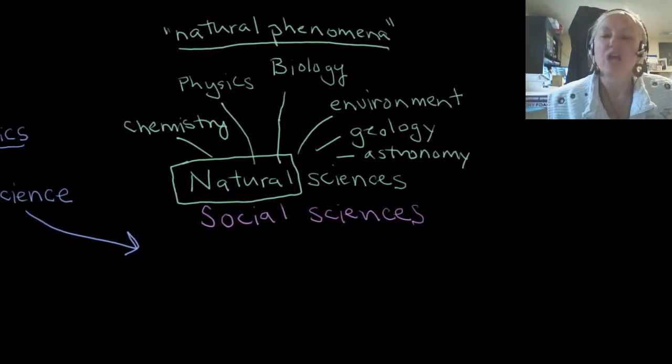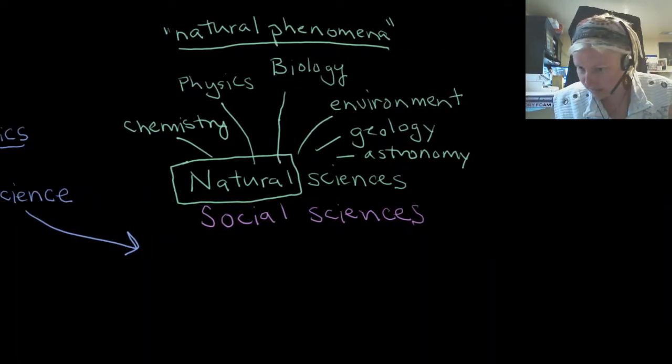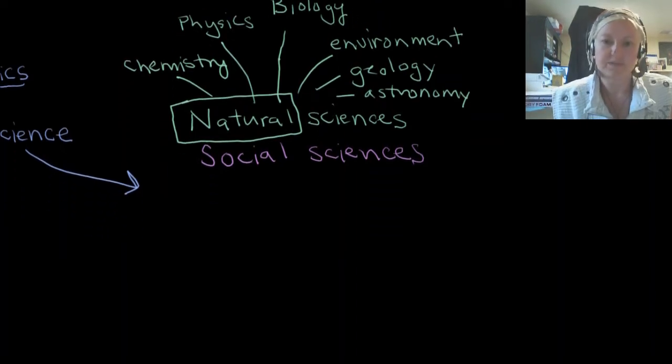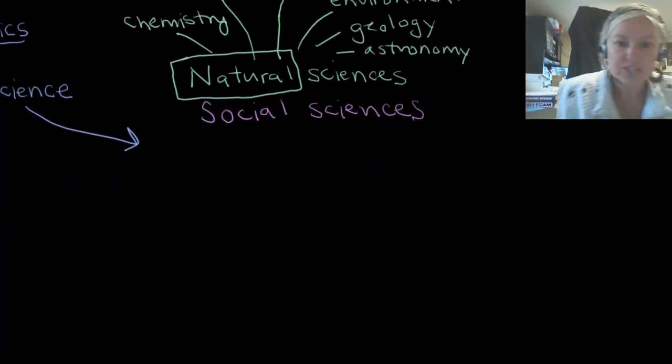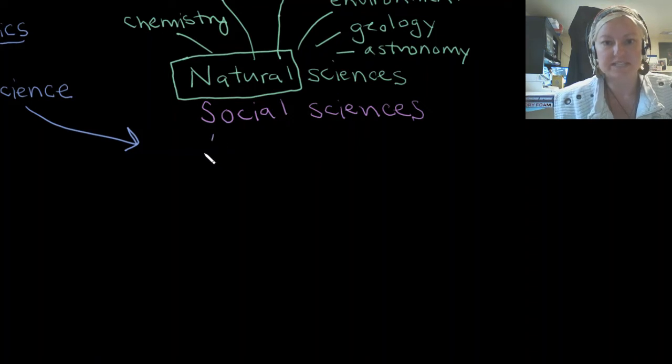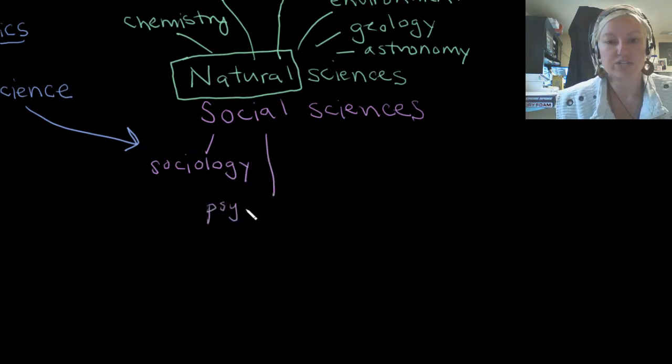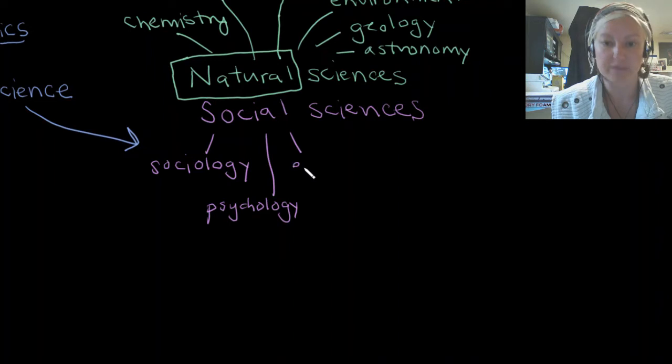There you go. Okay, so social sciences, on the other hand, let's put away those natural sciences a little bit. Social sciences are going to be sciences like one of my favorites, sociology, so cool. Psychology, so many interesting things that come out of psychology that we use in economics. Of course, economics is a social science. We have anthropology.